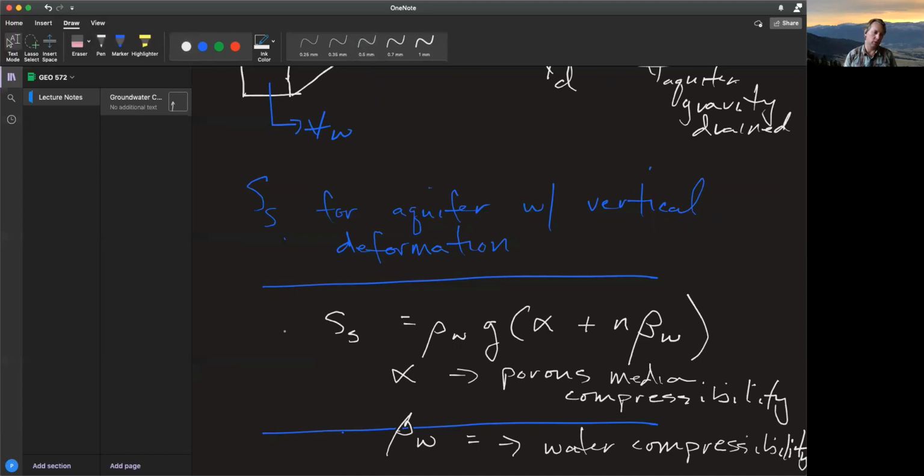Okay, so we started off thinking about porous media and an REV of porous media.